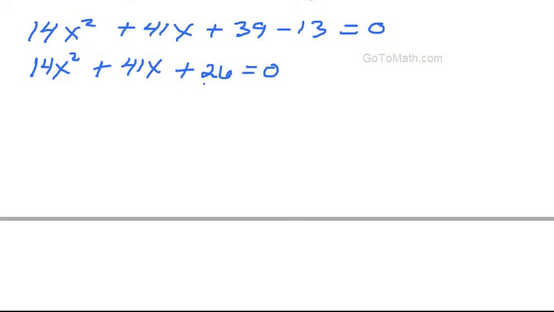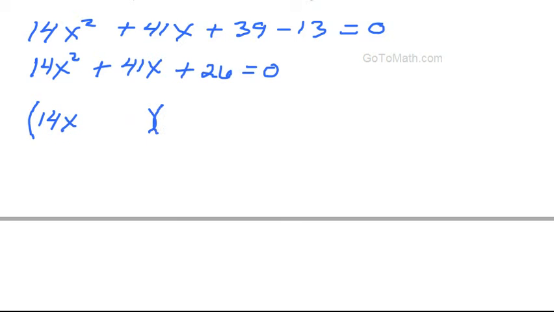Okay, so we want to factor this, and we're looking at 14, we're looking at 26, and I'm going to go out on the limb here. This number could be 1 and 14, or 2 and 7, but let's say it's 14.